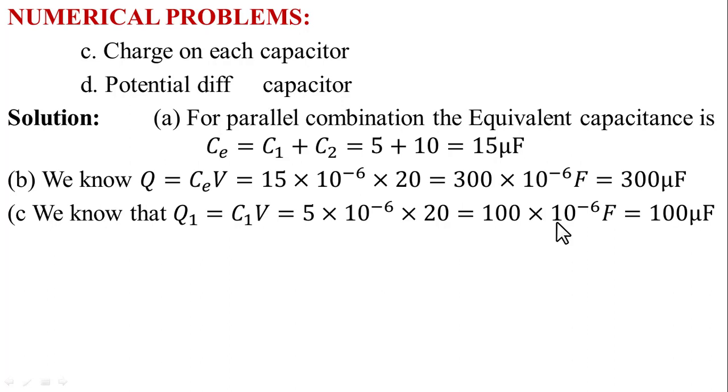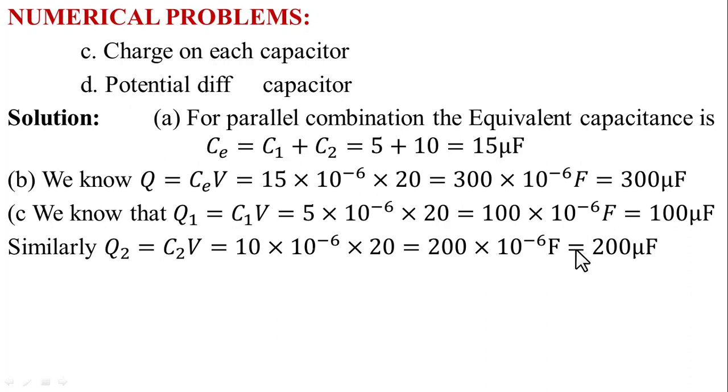So Q1 is equal to 100 microcoulomb. And Q2 is equal to C2V, which is 10 multiplied by 10 raised to power minus 6 multiplied by 20.